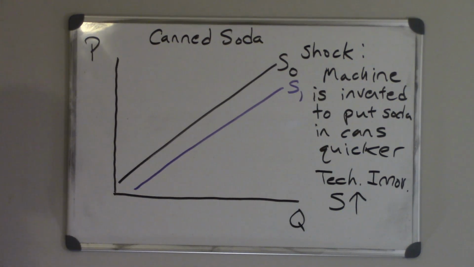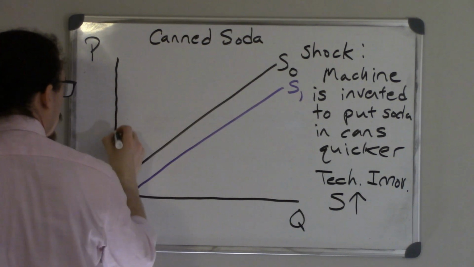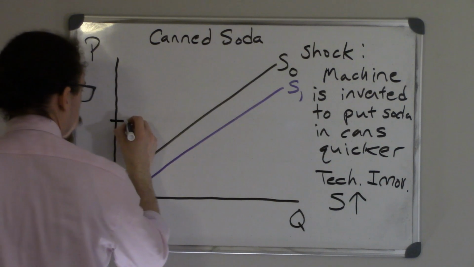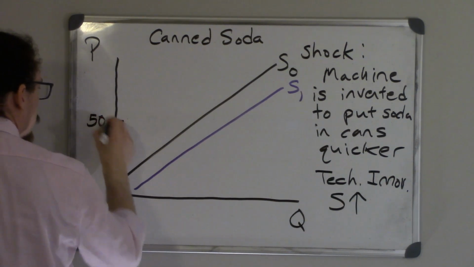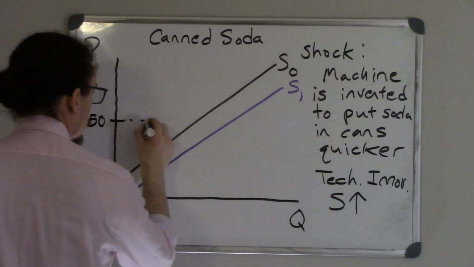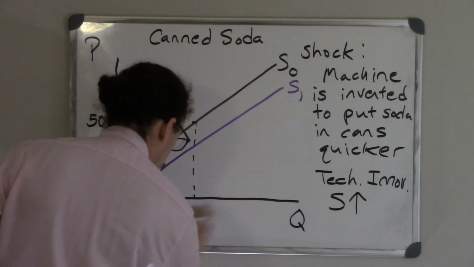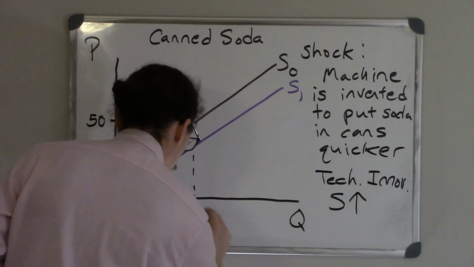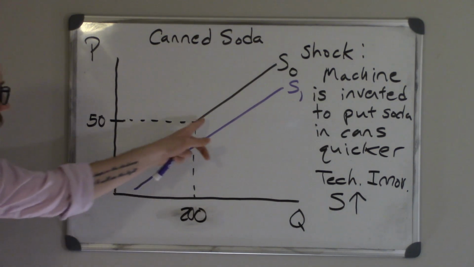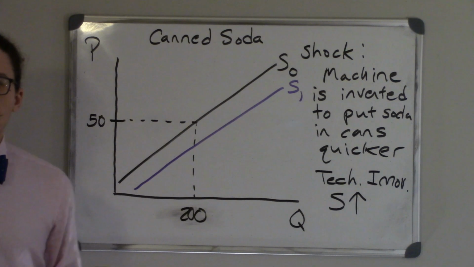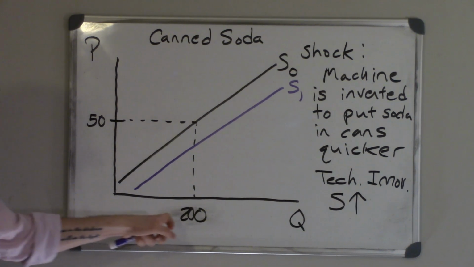Let's say, just for argument's sake, that at a price of 50 originally, the market would supply 200 cans of soda.